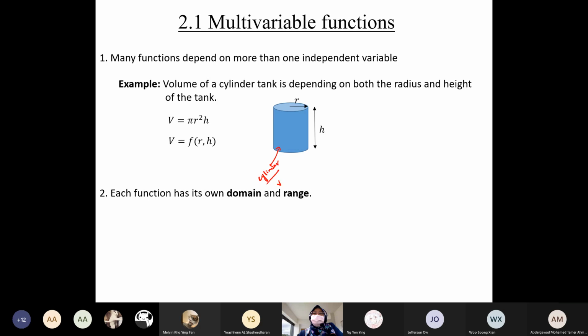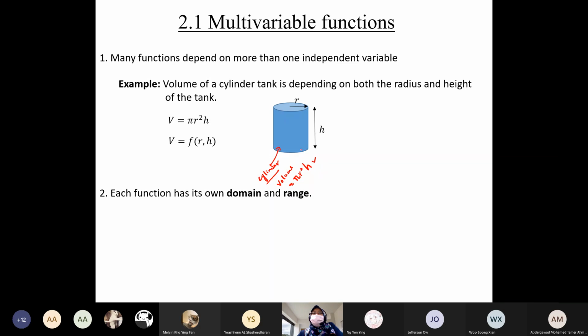How to find the volume of the cylinder? The volume of this cylinder is pi r squared, the area of the surface, multiplied by the height. The area multiplied by height, we get the volume.